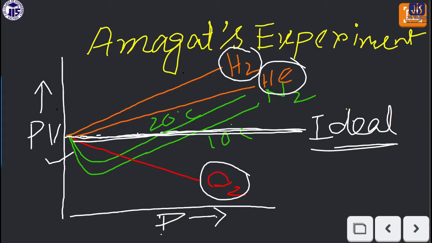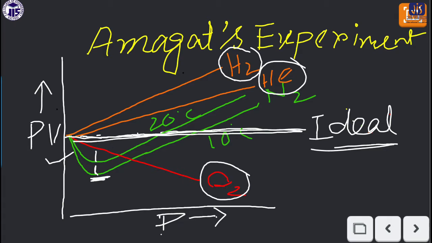For the gases where there is a minima, look here, in the case of nitrogen, with increasing temperature the depth gradually decreases, isn't it? So it is expected that at some temperature this minima will vanish, and the curve will be parallel with the ideal gas.